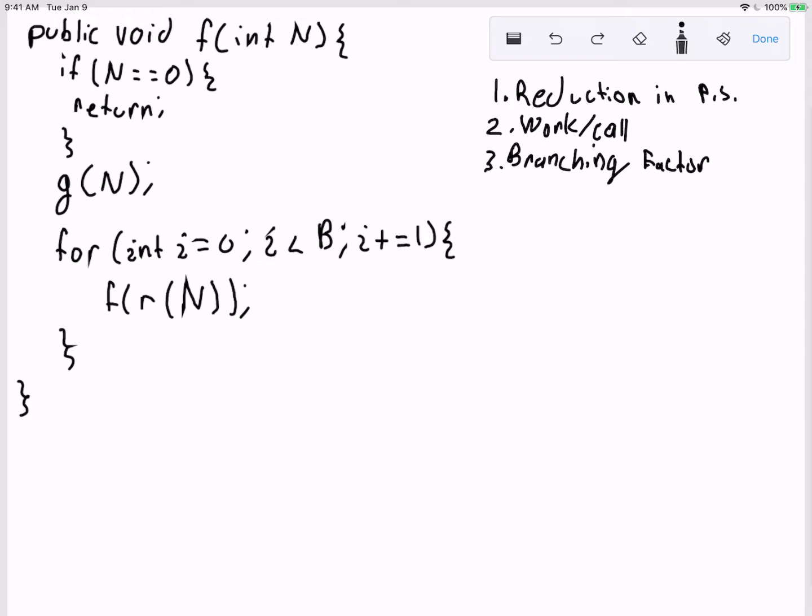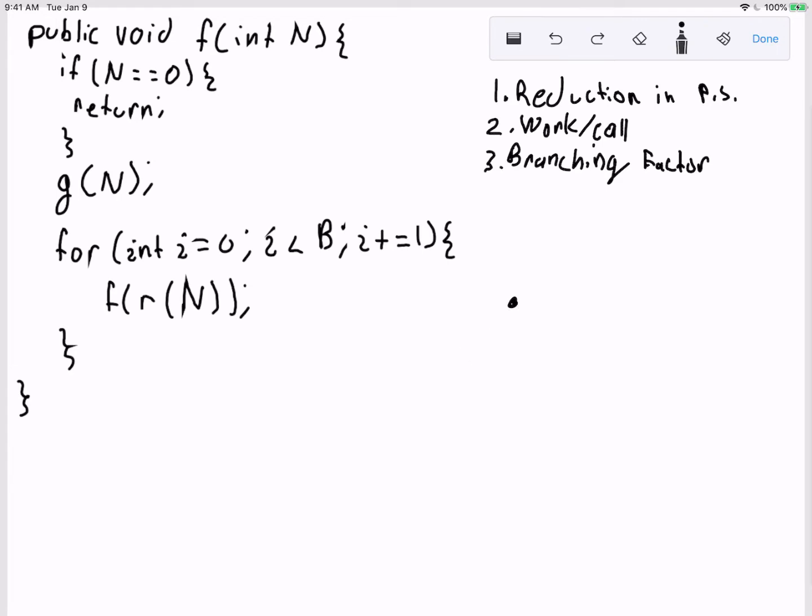So here what I have written is a general form of a tree recursive function. You might remember tree recursion from 61A, and this is one of the reasons why it's called that, because it creates this tree effect. If I had a function that called itself twice, then it would look like a binary tree, like this, and so on.